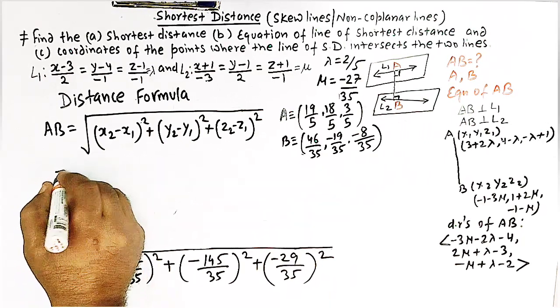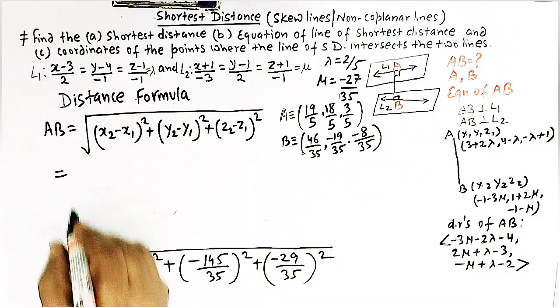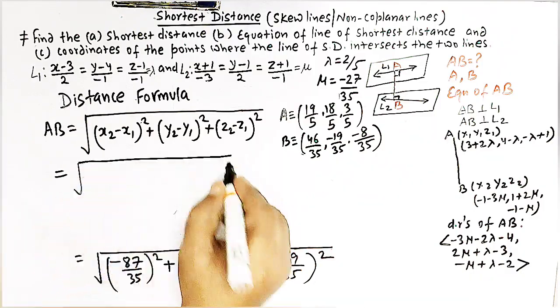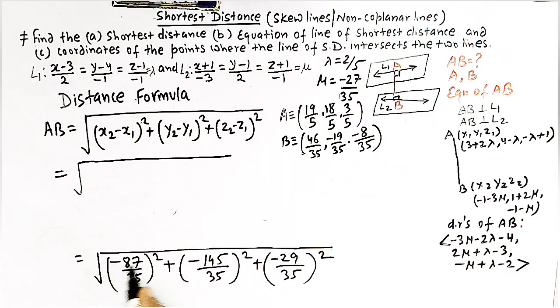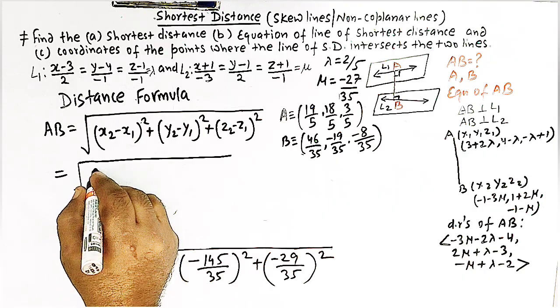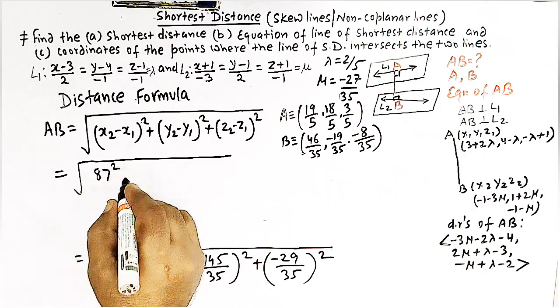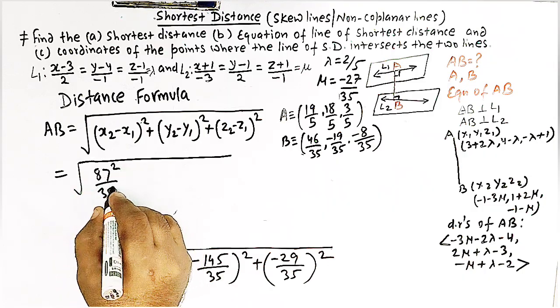So now we can write AB as, here we have the square root, and minus 1 square, that is positive, again here positive, and here again it is positive. So we have simply 87 square over 35 square.